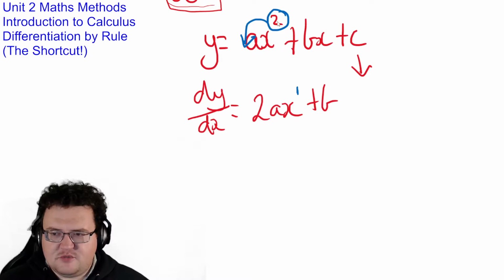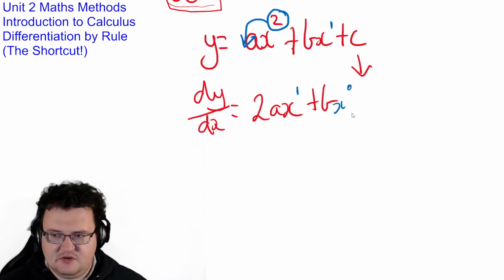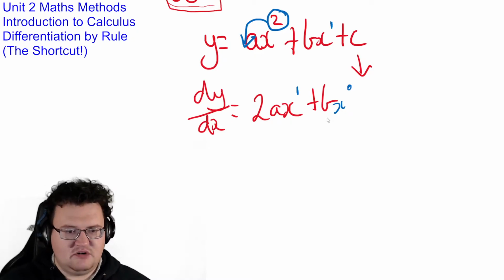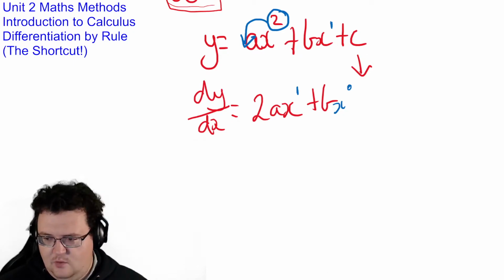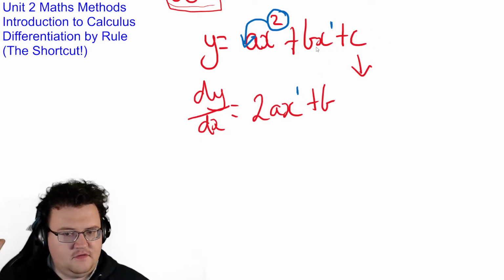If this one went from 2 to 1, what happened to the x here? What's the power there? It's 1. So what did the power become here? Well, it became x to the 0, and as we all remember from our indices laws, x to the 0 is 1. So we just get rid of it. And then because c had no x's at all, it just gets dropped off.